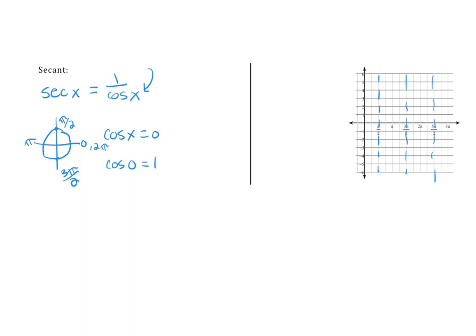Cosine of 0 is 1. Cosine of pi is -1. So at pi it's -1, but at 0 it was 1. At 2 pi it's at 1. 3 pi, -1. So it looks just like the cosecant one, except the asymptotes are in a different spot.